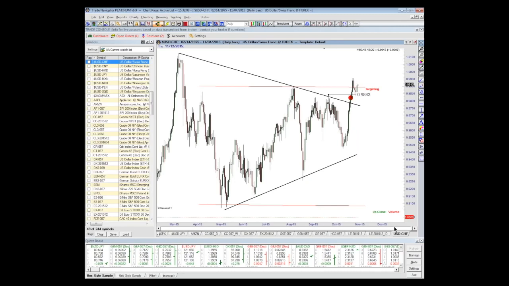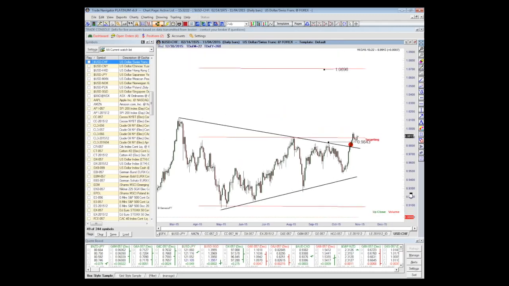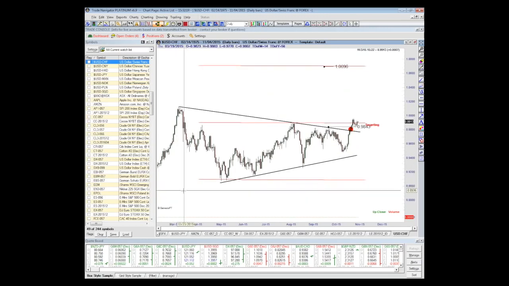Our biggest position right now is in the dollar Swiss franc, and that's based on a symmetrical triangle that started back in March of 2015. We like this market mainly because we think that the Swiss National Bank is attempting to devalue the Swiss franc.